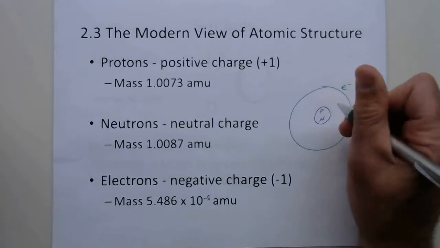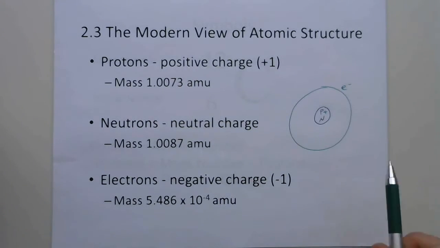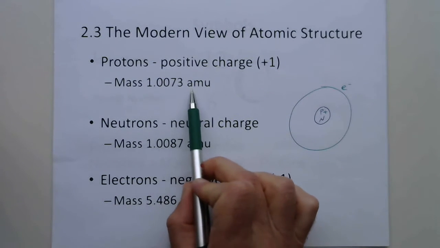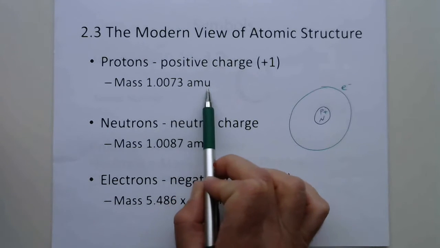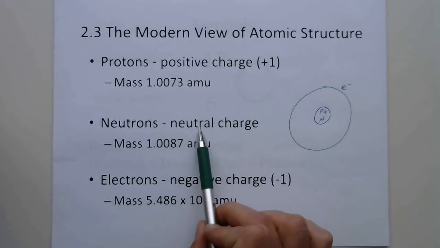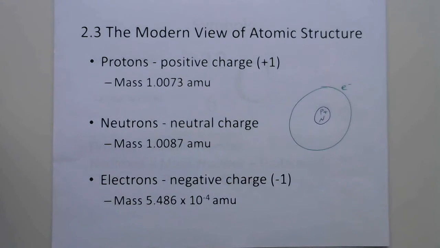Protons, as the name implies, have a positive 1 charge, and they have a mass of about 1 atomic mass unit. You don't need to know the exact mass, just know that it's about 1 AMU. Neutrons have a neutral charge, so they're neither positive nor negative. They also have a mass that's about the same as a proton, so about 1 atomic mass unit for a neutron as well.